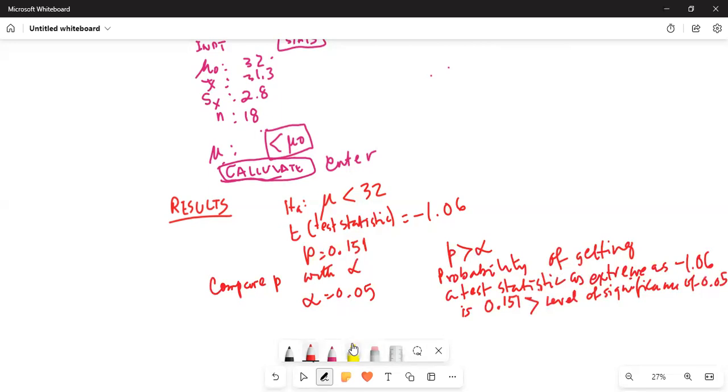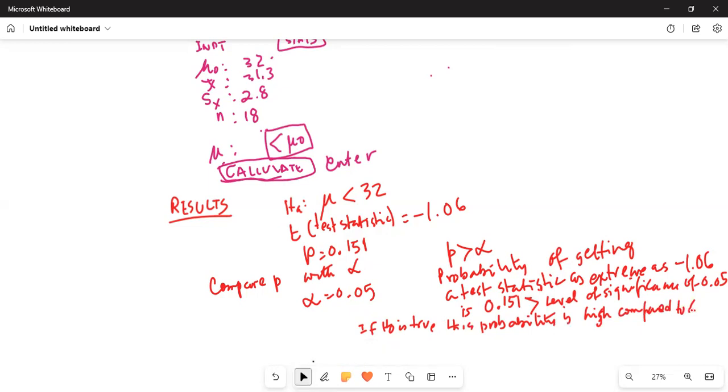What does that mean? That means if H0 is true, this probability is high compared to alpha. So I told you I'm going to give you a hint.